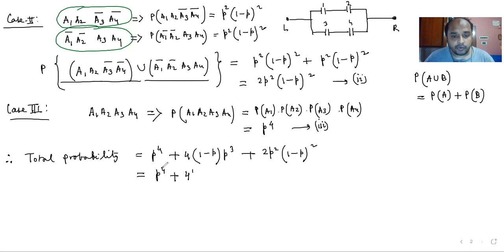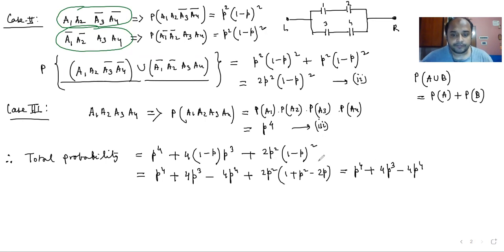So we get 4P cube minus 4P to the power 4 plus 2P square into 1 plus P square minus 2P. And then this implies P to the power 4, 4P cube minus 4P to the power 4 plus 2P square plus 2P to the power 4 minus 4P cube.